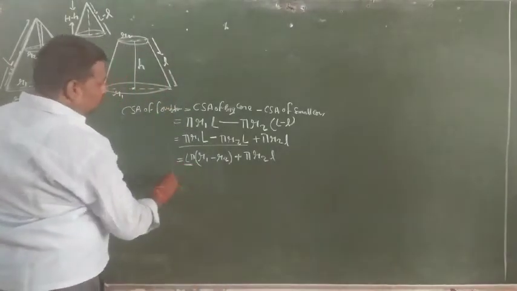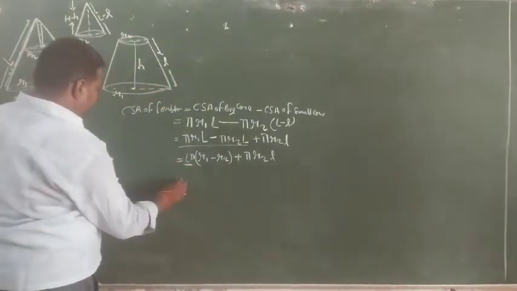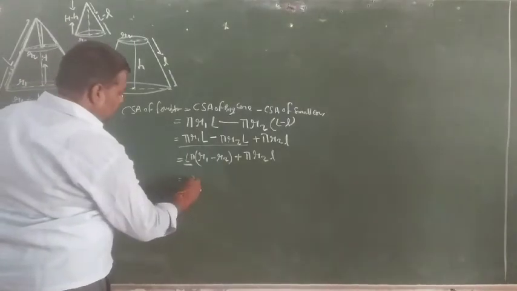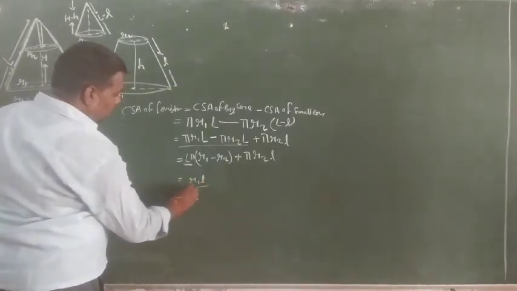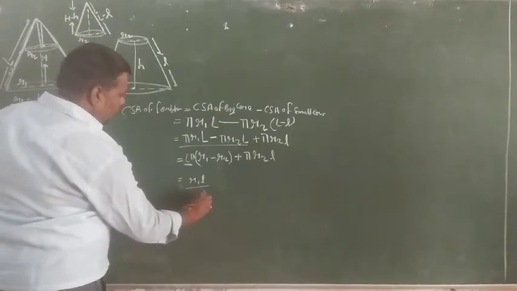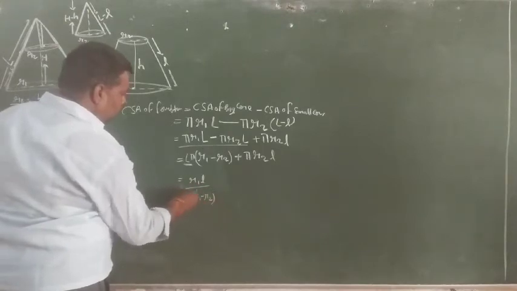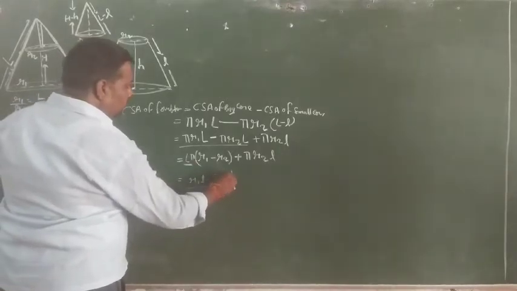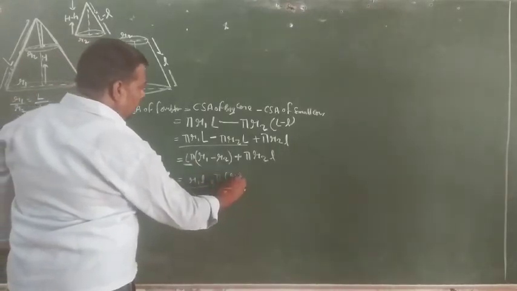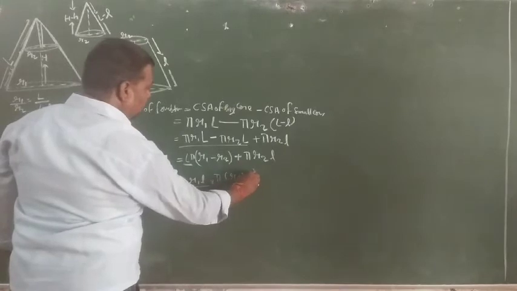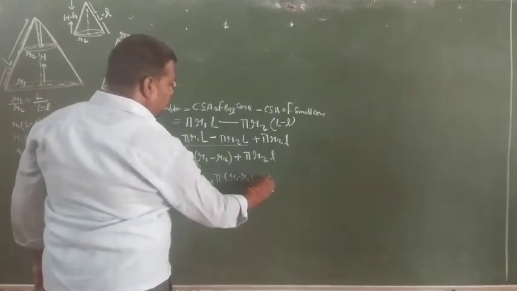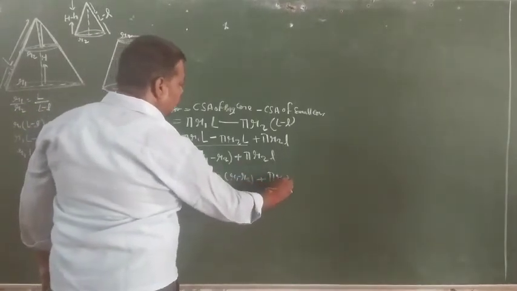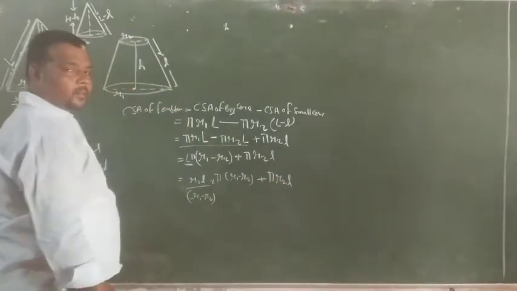In there you put the capital L value, R1 small l upon R1 minus R2, into pi bracket R1 minus R2, plus pi R2 l.